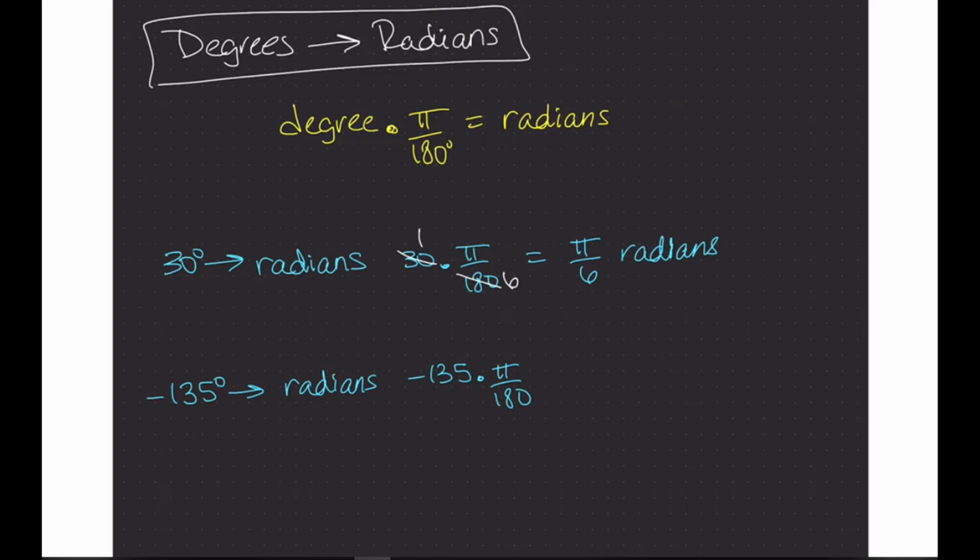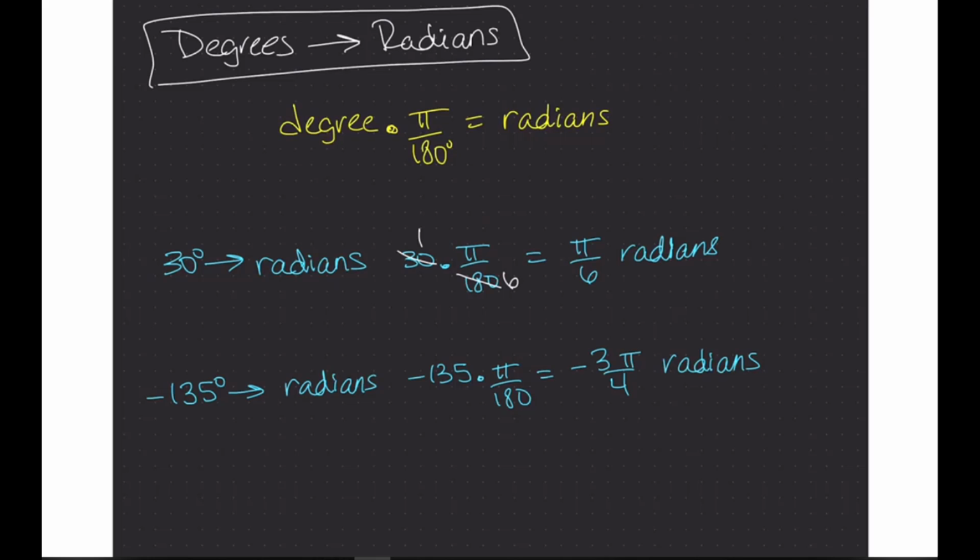And we can simplify that down and get negative 3 pi over 4 radians. Right. So leave these as fractions. Don't turn them into decimals. It makes it a lot easier if you keep them as fractions, and don't multiply by pi. You can just go ahead and leave our little pi there.